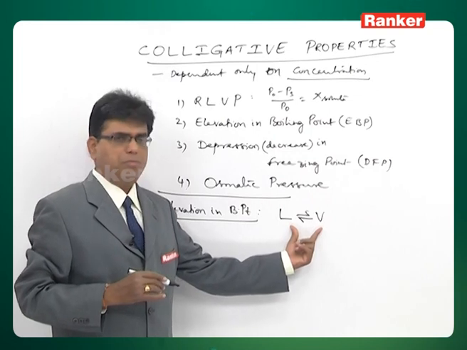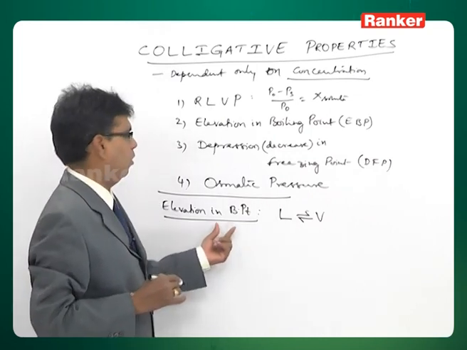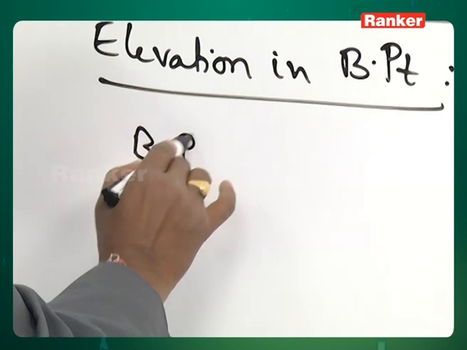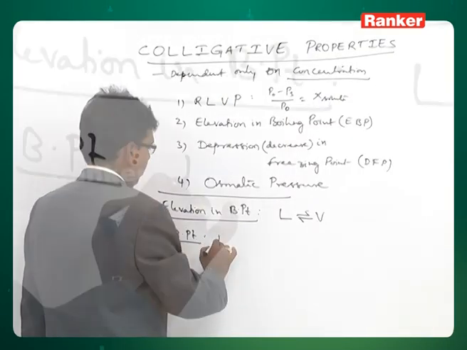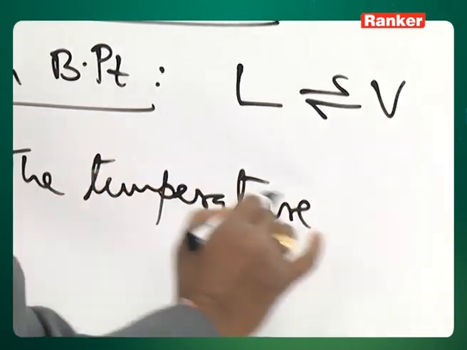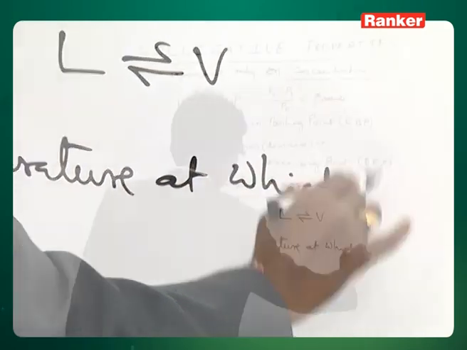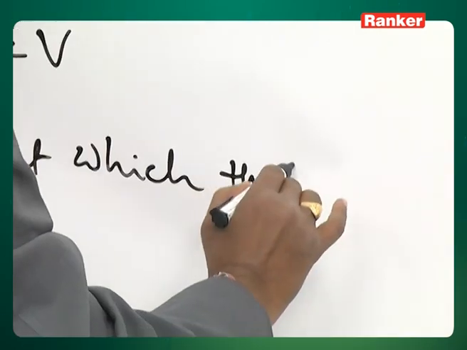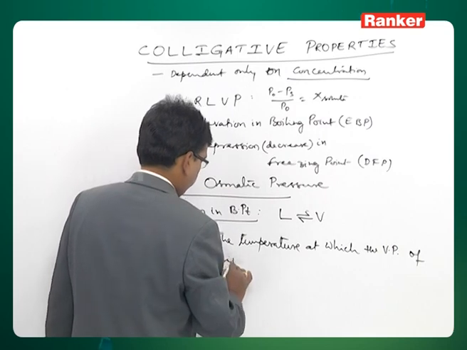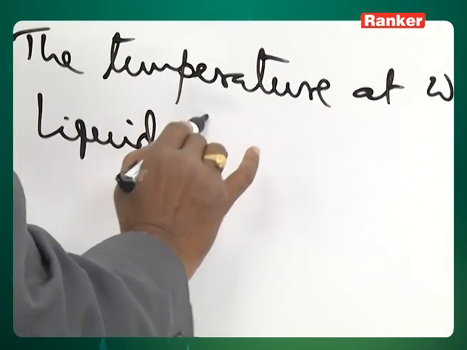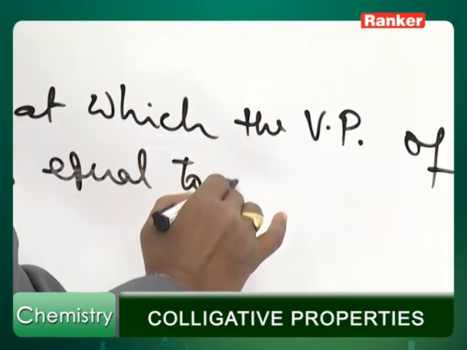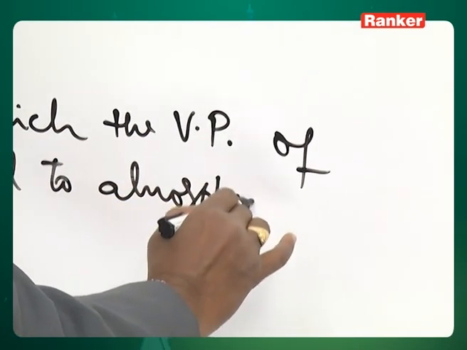Now, in terms of vapor pressure, how do we relate this boiling point? Now, you can define boiling point in terms of vapor pressure as the temperature at which the vapor pressure of a liquid becomes equal to atmospheric pressure.